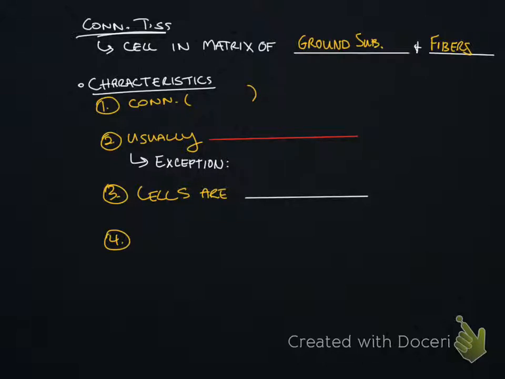And there are a few characteristics that apply to all connective tissue. Its aim is to support. They do not line spaces like epithelial tissue does. And they're usually highly vascular, meaning they have a good blood supply. The only exception is cartilage.